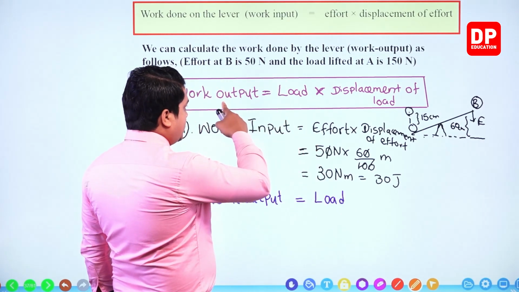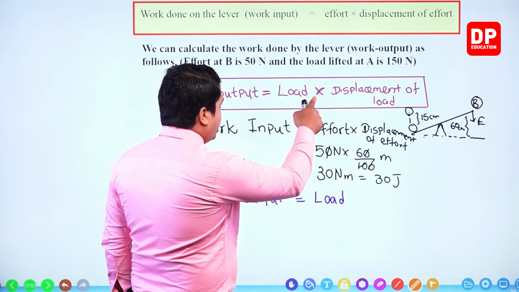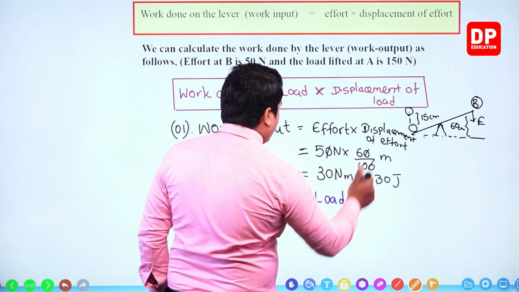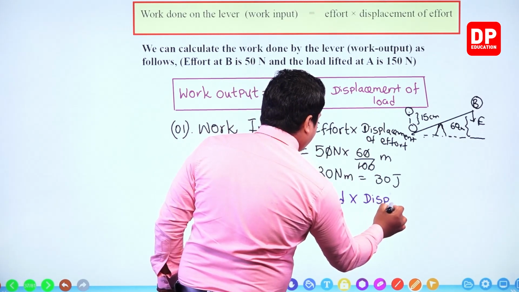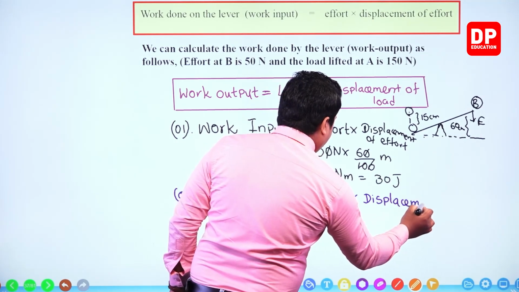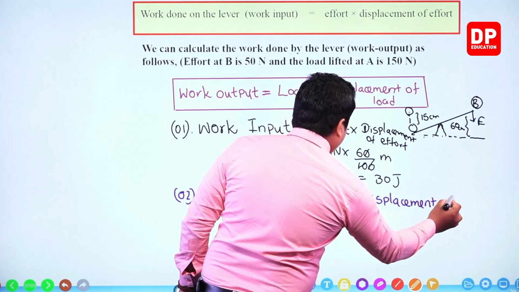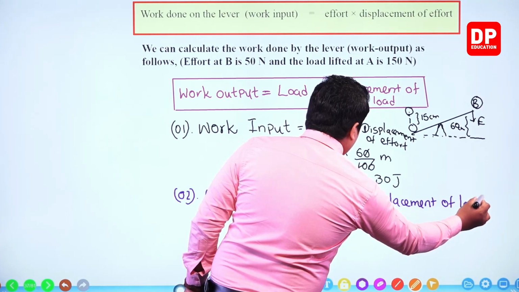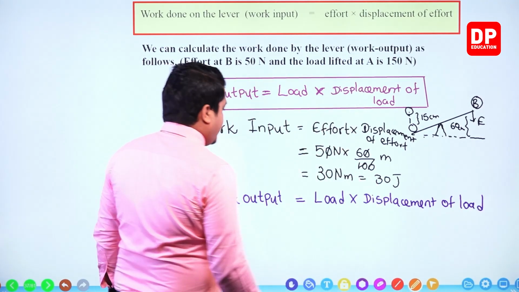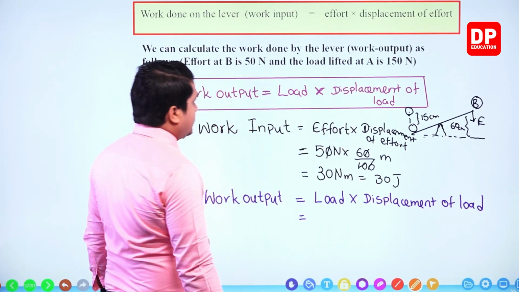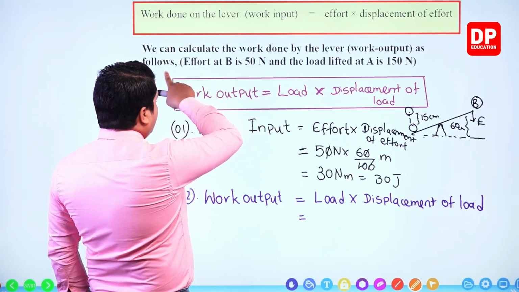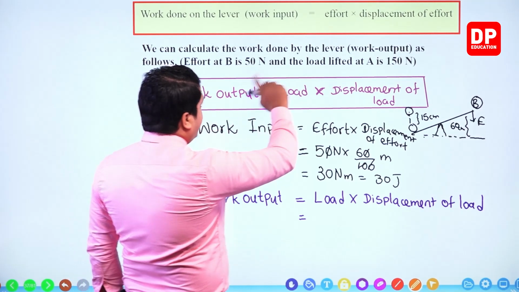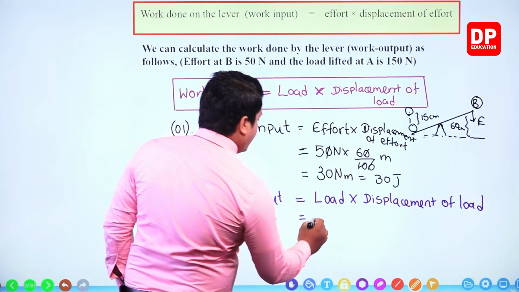The formula is given here: work output equals load multiplication displacement of the load. Then load is equal to, here within the question it is given, no? So effort is 50, load is 150.